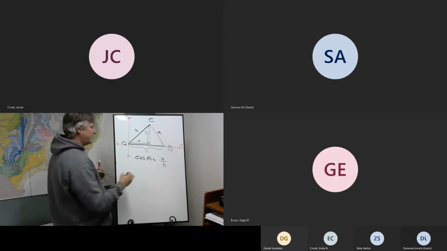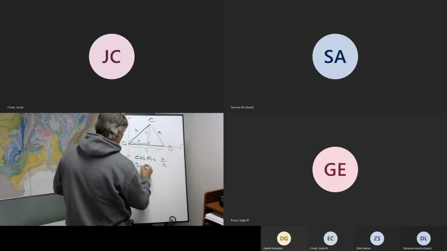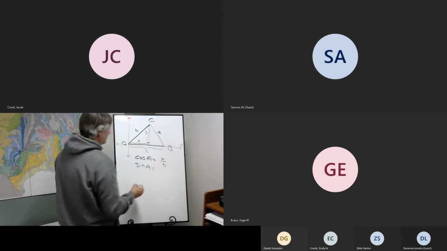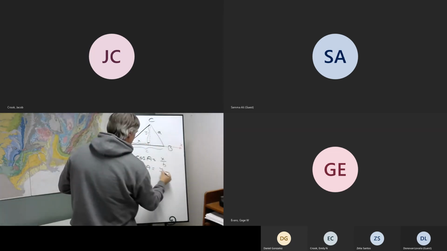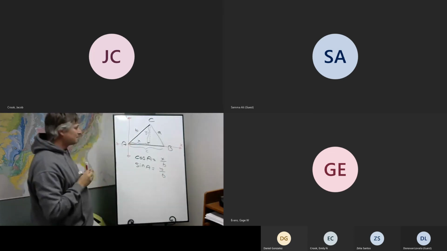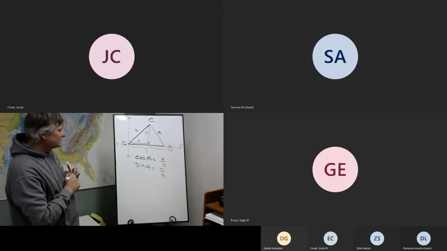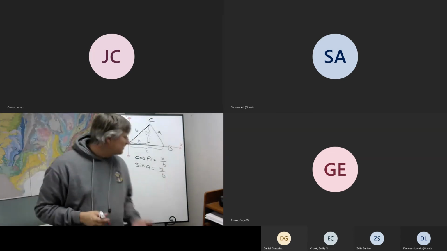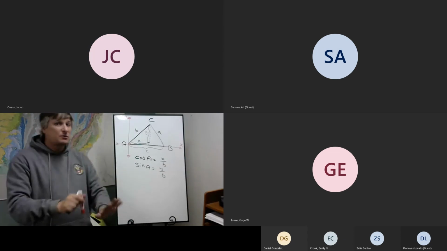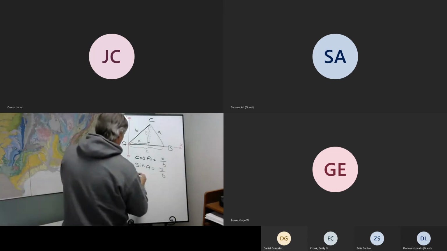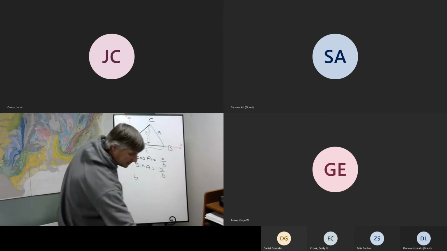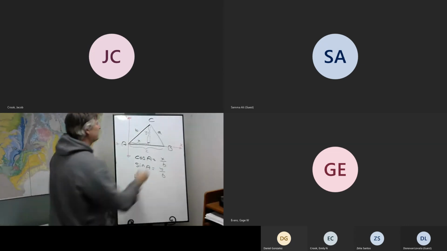The sine of A was going to be opposite over b. So what we're going to end up doing, we're going to solve for x, we're going to solve for y. Again, I'm just following what's in the textbook. And this is going to be page 745.